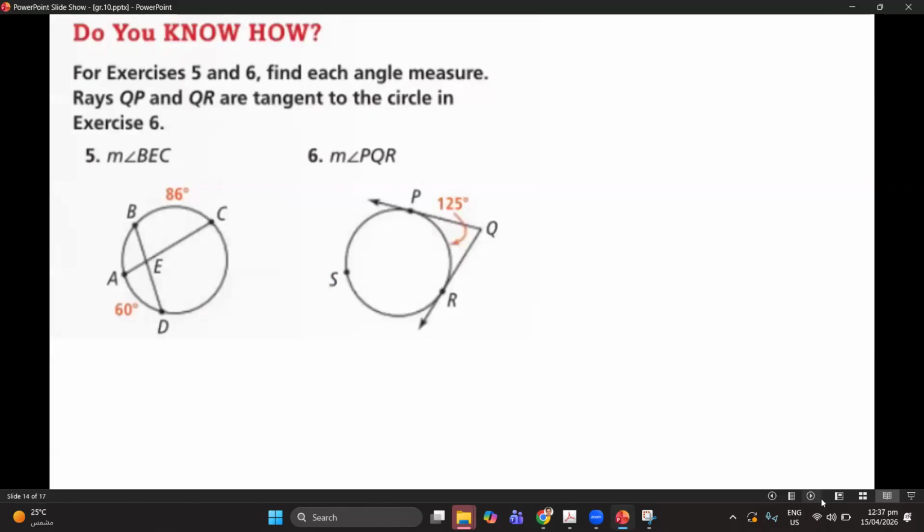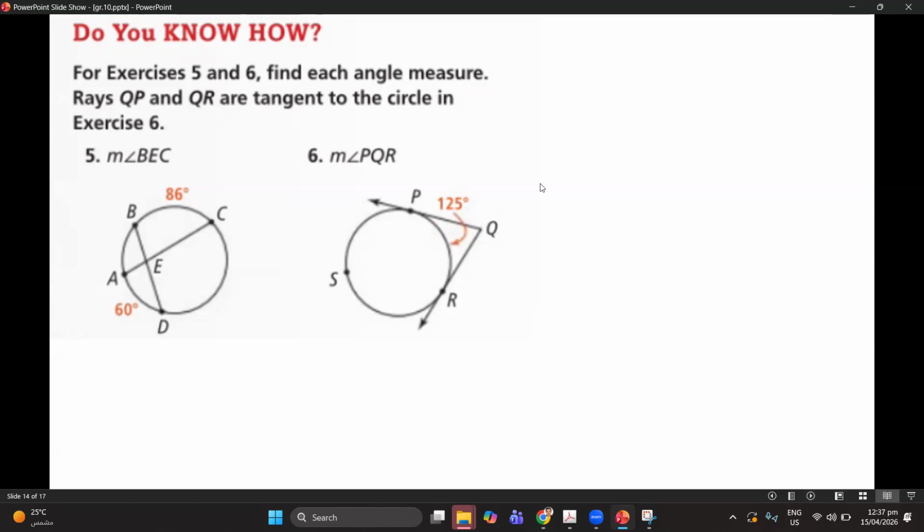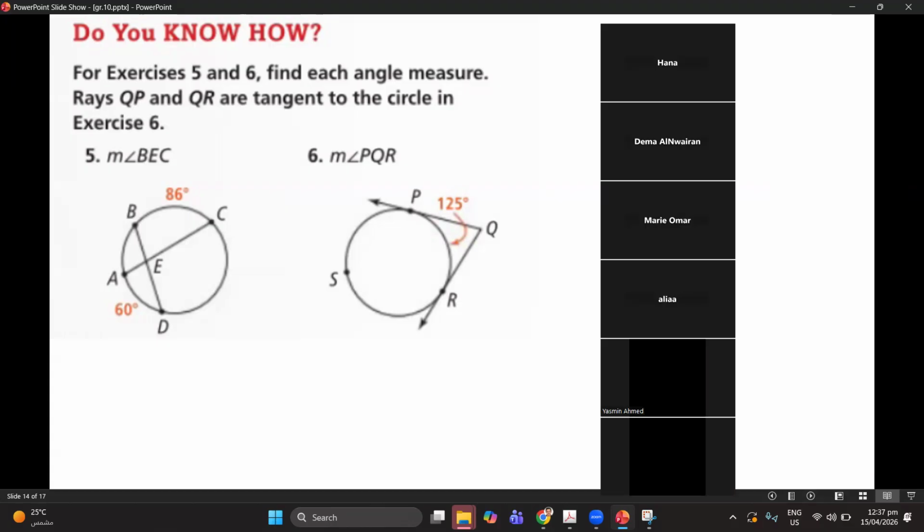Now, for exercises 5 and 6, find each angle measure. Rays QP and QR are tangent to the circle. Now here, I need to find the measure of angle BEC. Let's choose Hannah.